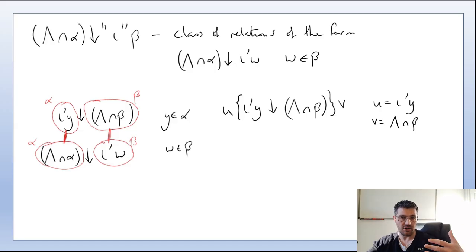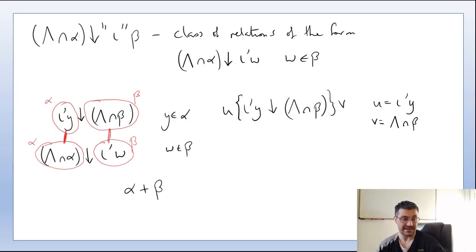So this class that we're forming from these two types of relation, how many relations are going to be there? It's the same as the number of terms of alpha and the number of terms of beta combined. So I'm not talking about alpha and beta being combined. I'm talking about the number of terms of alpha and the number of terms of beta being combined. So this class that we end up with is that class that we write as alpha plus beta.